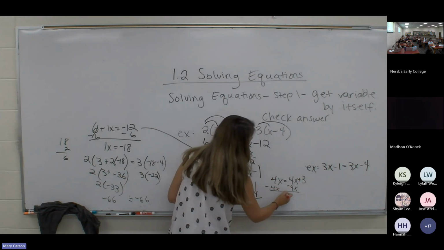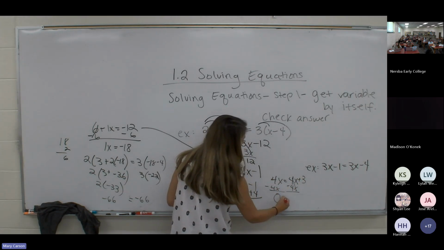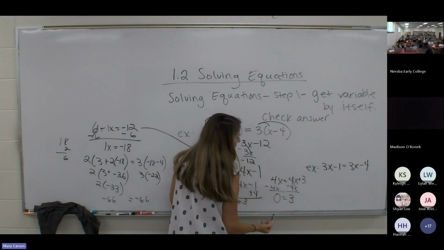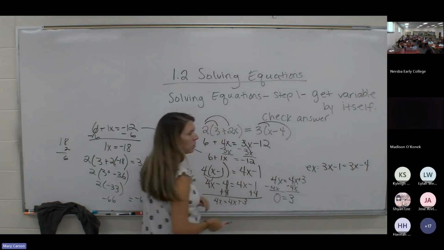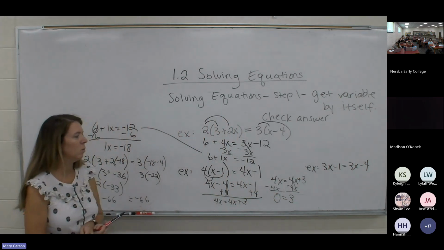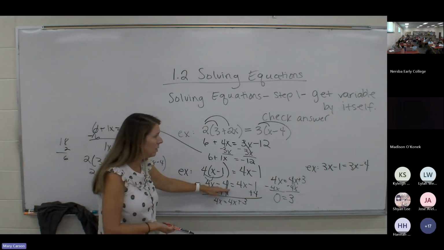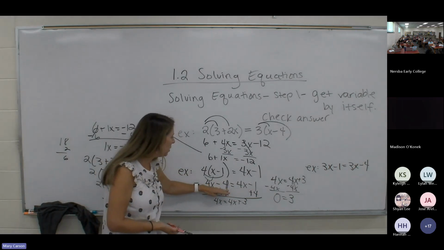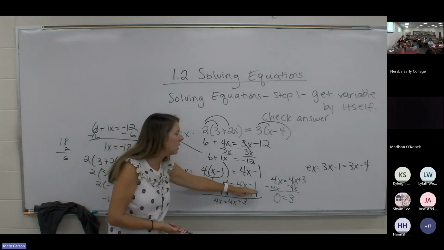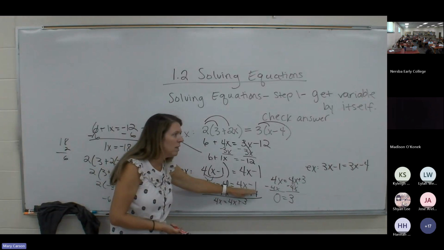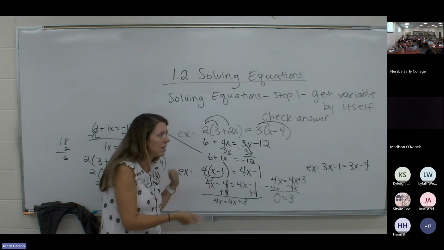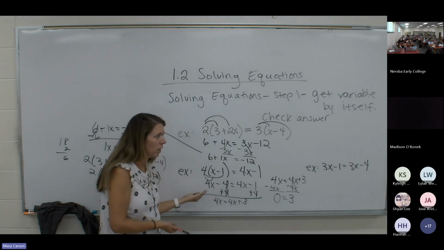And instead of just canceling both of these out, we know that this thing is 0, right? And you look at this, is 0 equal to 3? Are those equal? No. If you look at this statement, is there any way that 4x minus 4 is going to be the same thing as 4x minus 1? No, okay?